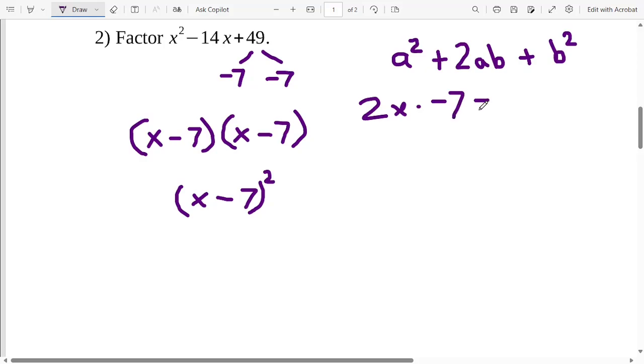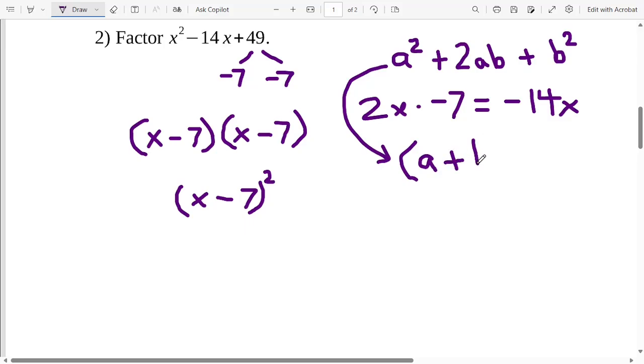So that's going to equal negative 14x. Okay, so we confirm that this is a perfect square trinomial. So what does a perfect square trinomial factor to? Well, it factors into the form a plus b squared.